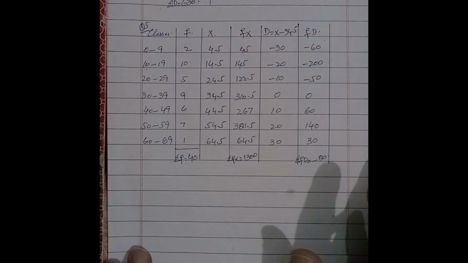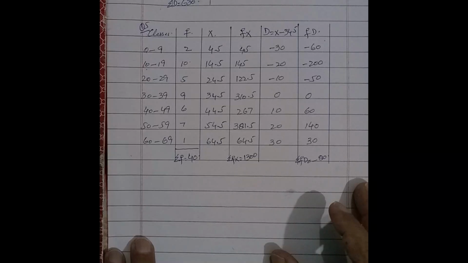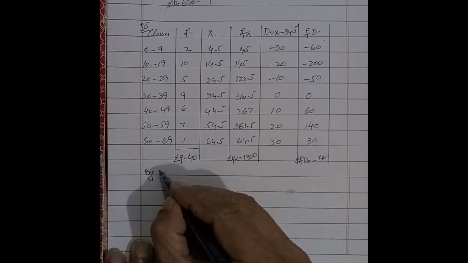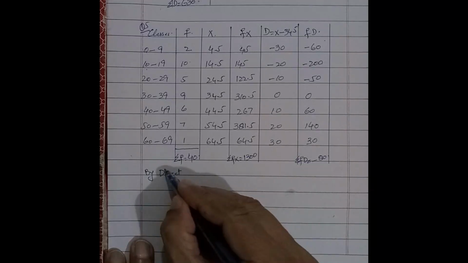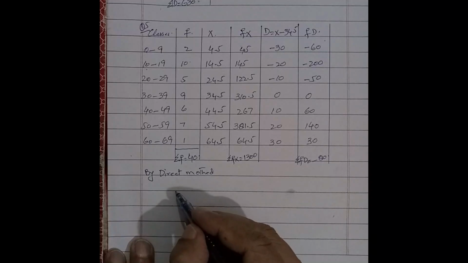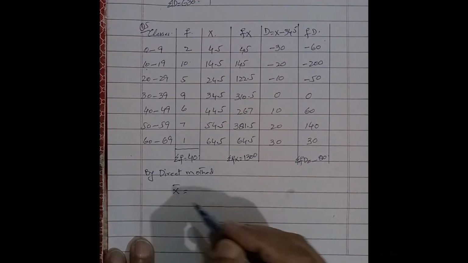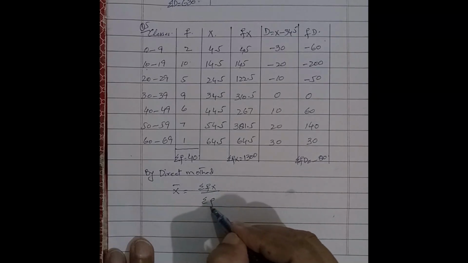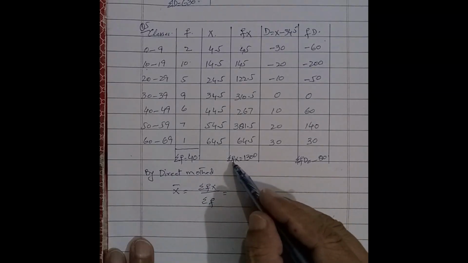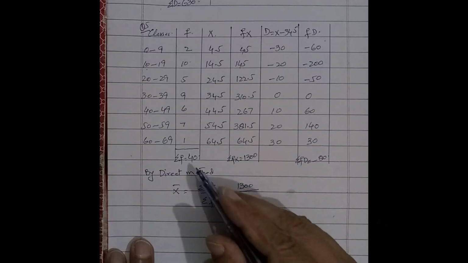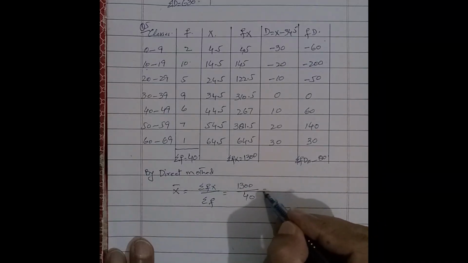So first we find the value by the direct method, in which x bar is equal to summation fx over summation f, where summation fx is 1300 and summation f is 40.